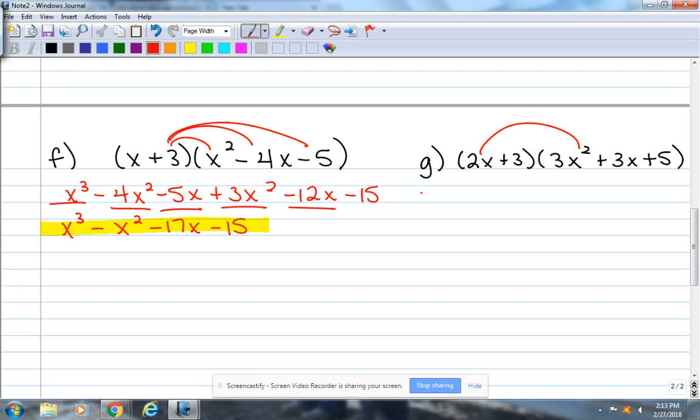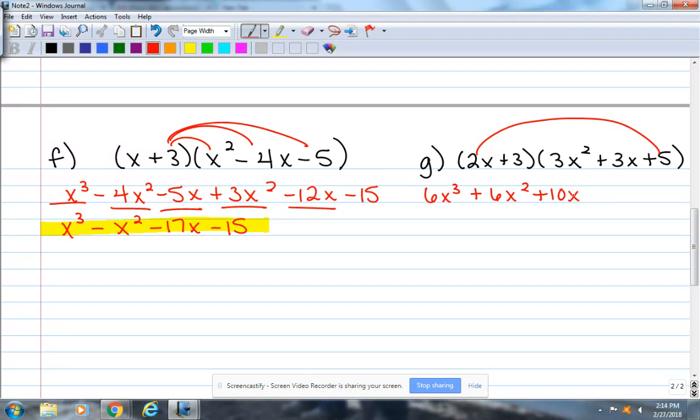Good. And then I multiply 2x times 6x. What's x times x? Squared. Then that's 12x squared. Okay. Then I multiply 2x times 5. 10x.